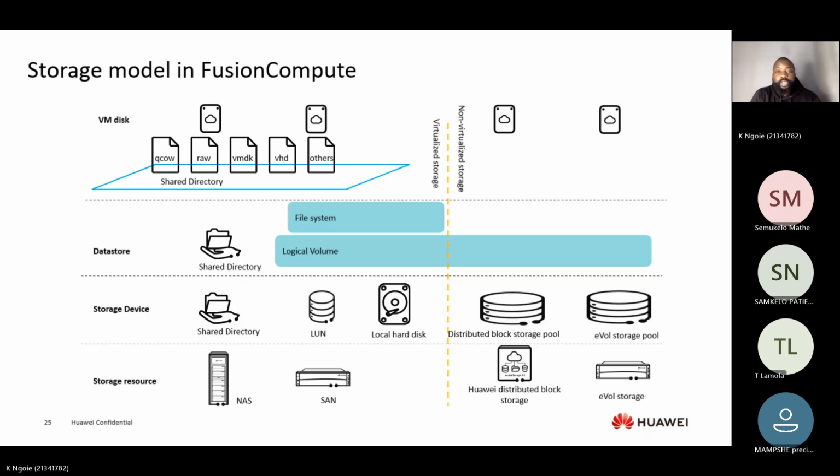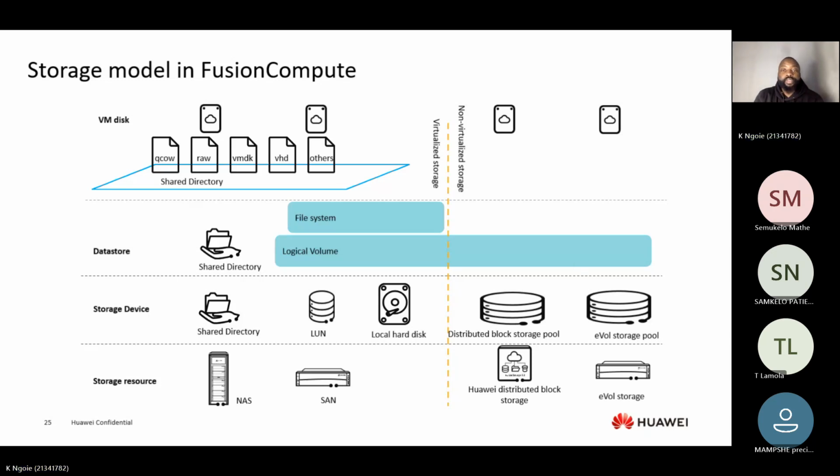Local disk supports the virtualization mode. The SAN can also support the virtualization mode and RDM, and the Huawei DBS only supports the non-virtualized mode.